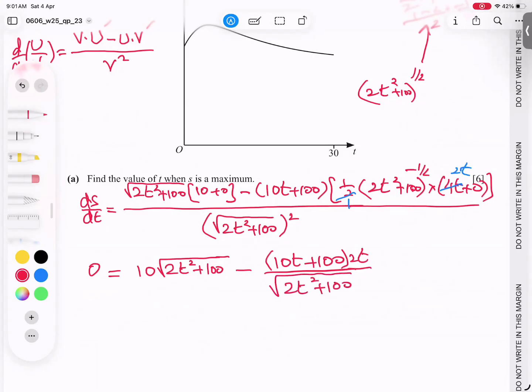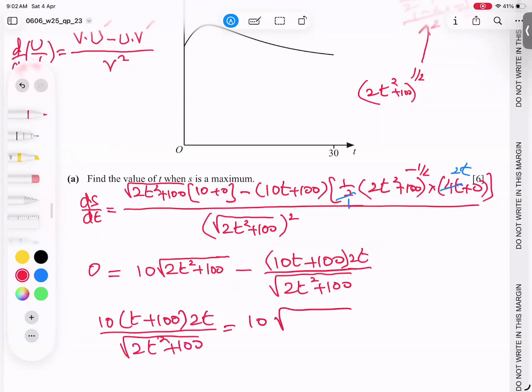Okay, now this is completely a negative sign. When I bring it to the other side, this sign will become positive. So it turns out to be 10. I can take 10 common from here even. So 10 common, I can say 10t plus 100 and 2t over the root of 2t square plus 100. And this stays as it is here.